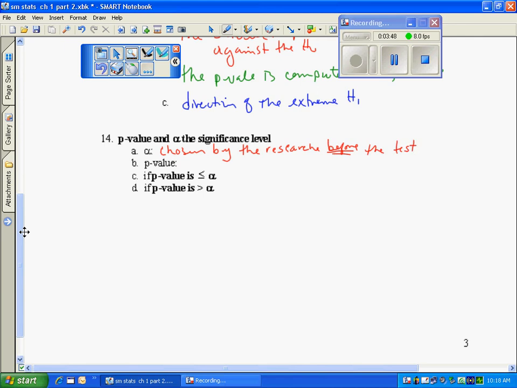The p-value is computed or calculated after getting the observation. It's calculated from the observation.